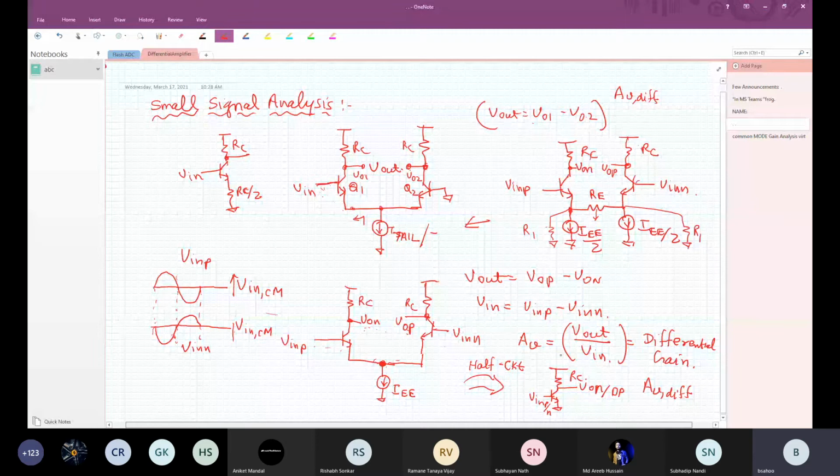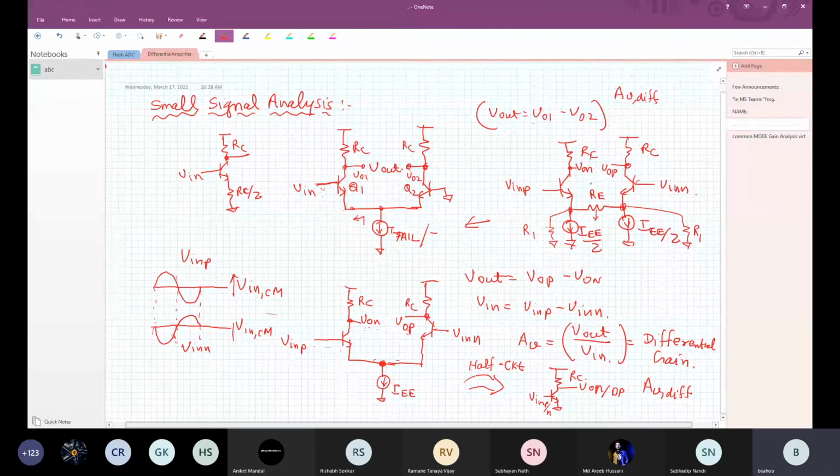Can anybody tell me the common mode gain of this circuit? Can you please draw the common mode equivalent circuit? Let me redraw it to see whether you understood.